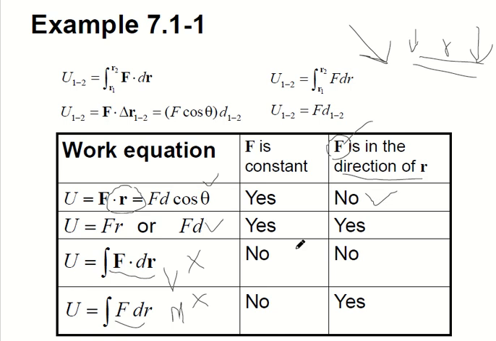Of course, for this one, yes, it is going in that direction, because we don't have the angle; you're going that way, so your R is going in the same direction as your force. For integration with non-constant force, the same thing: we can't really say they're in the same direction, F and R. And here it is in the same direction, because we're just dealing with the magnitude here, so the direction is automatically the same.